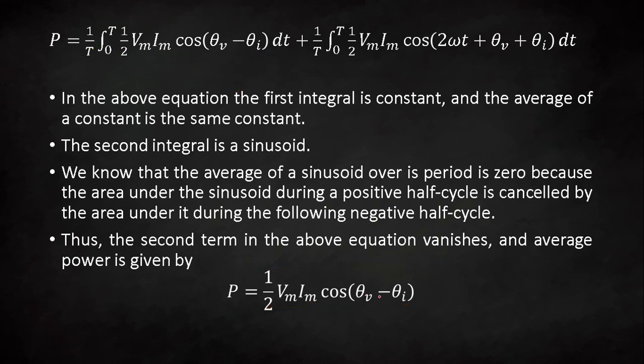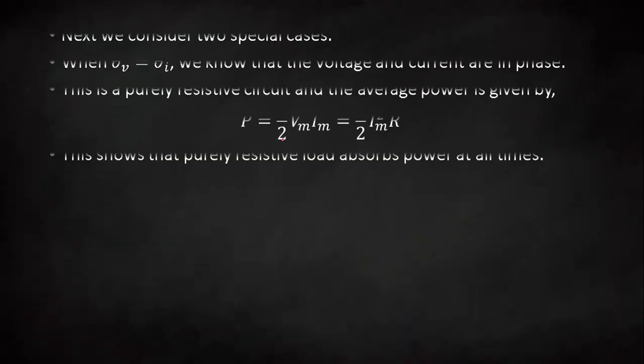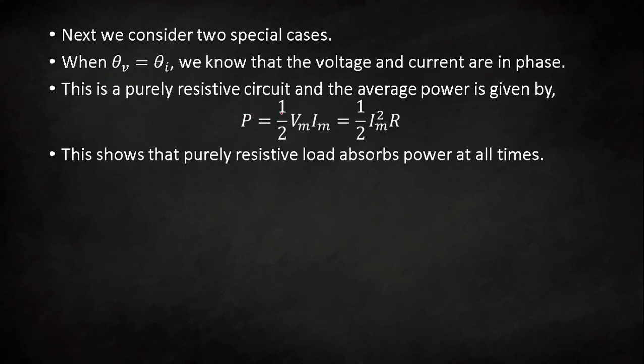So cos 0 is 1. That is why we can write the power P is equal to 1 by 2 Vm into Im, and that is a pure resistive circuit. In a pure resistive circuit, the power is given by 1 by 2 Vm into Im. If you put Vm equal to Im R, then it will be 1 by 2 Im square into R. This shows the purely resistive load absorbs all the power.